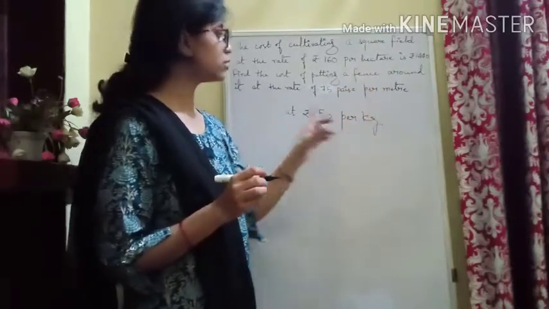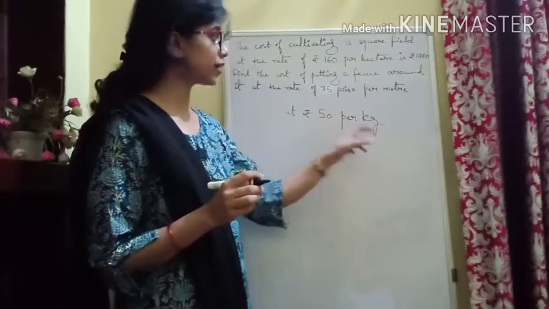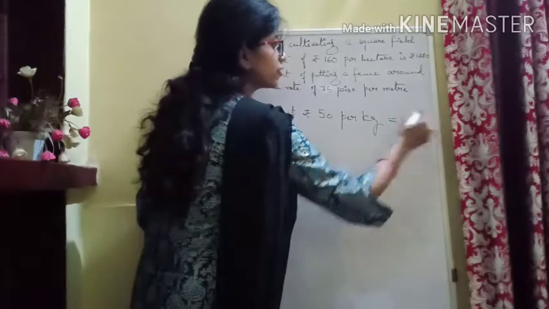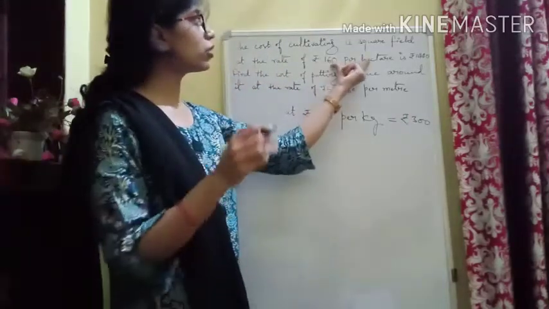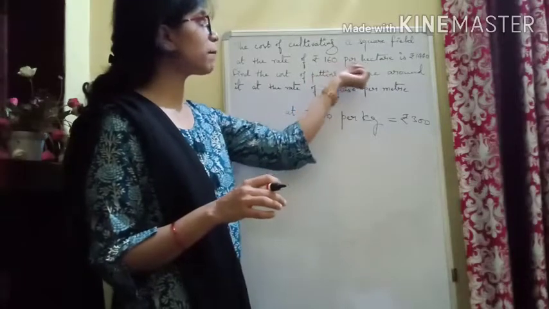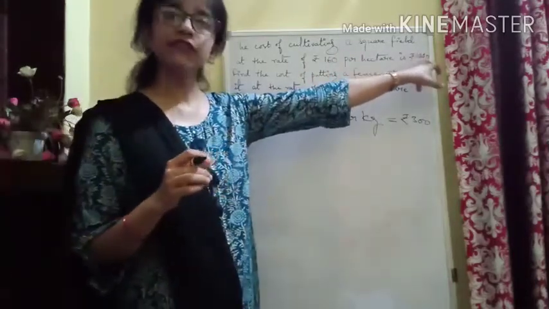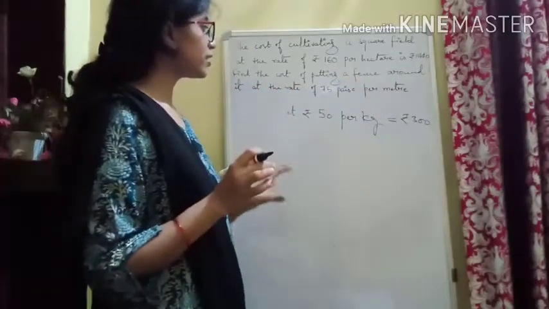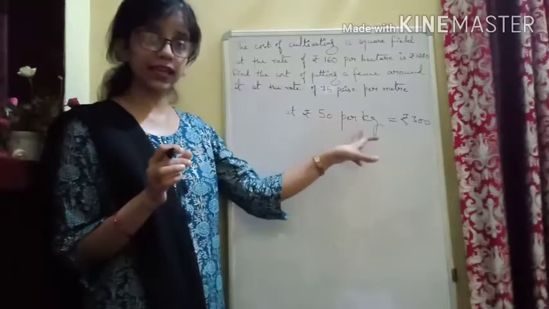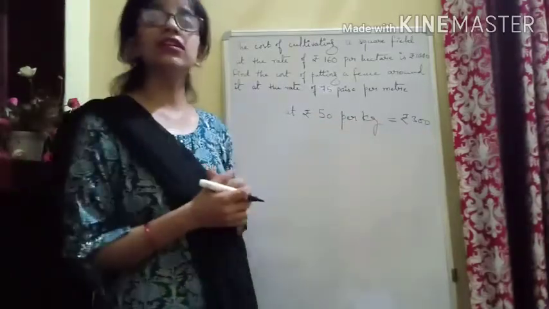So just imagine that we are buying the stuff for rupees 50 per kg, and the total amount we are giving is 300. Like they are cultivating the field at the rate of 160 per hectare, and the total amount they are giving is 1440. Likewise, in my example, I am taking apples at rupees 50 per kg, and the total amount I am giving is 300.